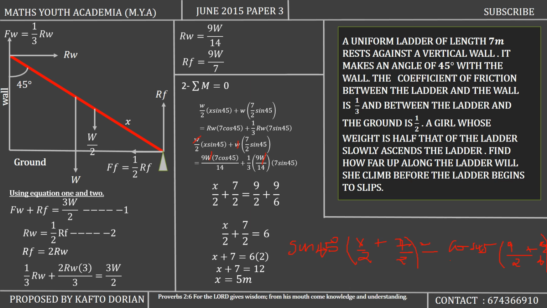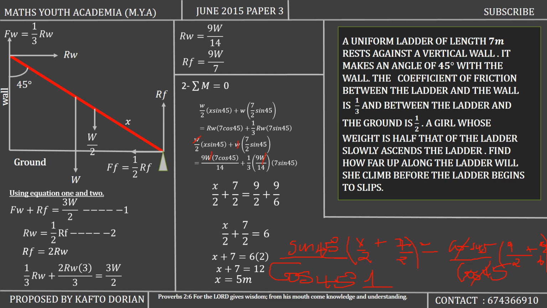I will now divide all through by cos 45 degrees. Cos 45 degrees will cancel here, and sine 45 degrees on cos 45 degrees will give tan 45 degrees, in which tan 45 degrees is giving us 1.